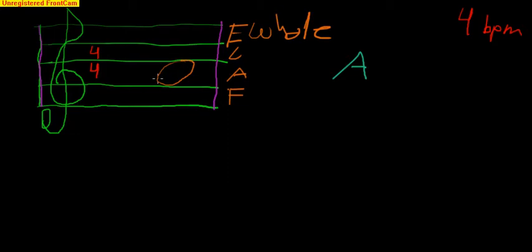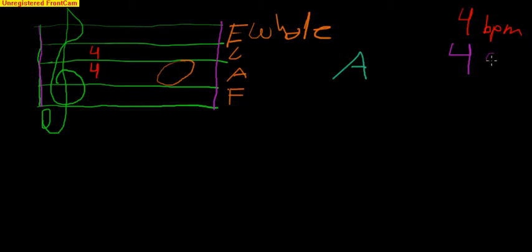So this one is a whole note, so it looks like it does, and that's sort of what the bottom 4 means. The bottom 4 means that a fourth note or a quarter note, okay? 4 is for a quarter note. A quarter note gets a beat.